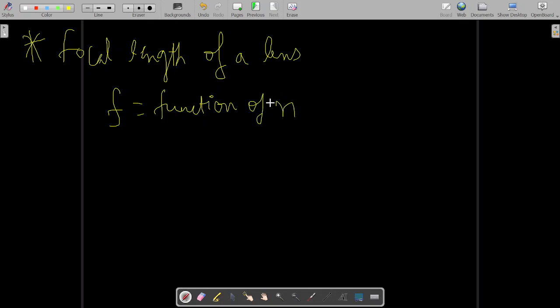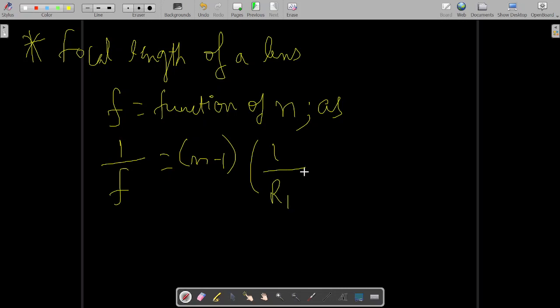Why is the focal length f a function of n? As 1 over f is equal to n minus 1 times 1 over r1 minus 1 over r2. This formula we have already derived in the previous lectures. So according to this formula, f is also a function of n.